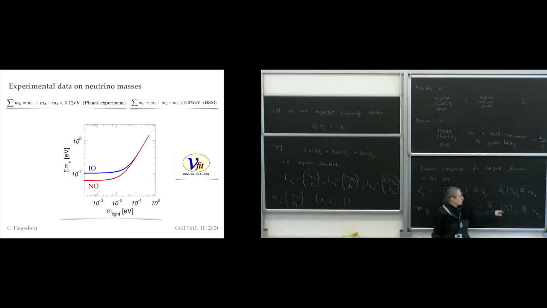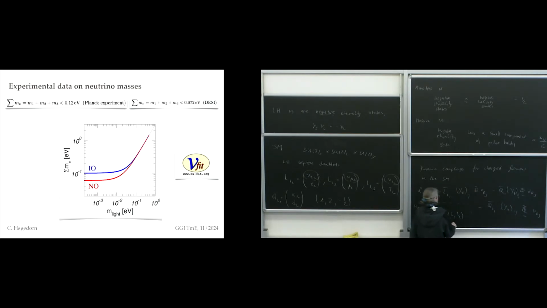So what's the difference you observe between these two types of terms? Actually, it's the same. You have a left-handed lepton doublet barred, you have the right-handed corresponding particle, right-handed down quarks, right-handed up quarks, and the unique difference lies in the fact whether you couple here phi or what is phi twiddle.